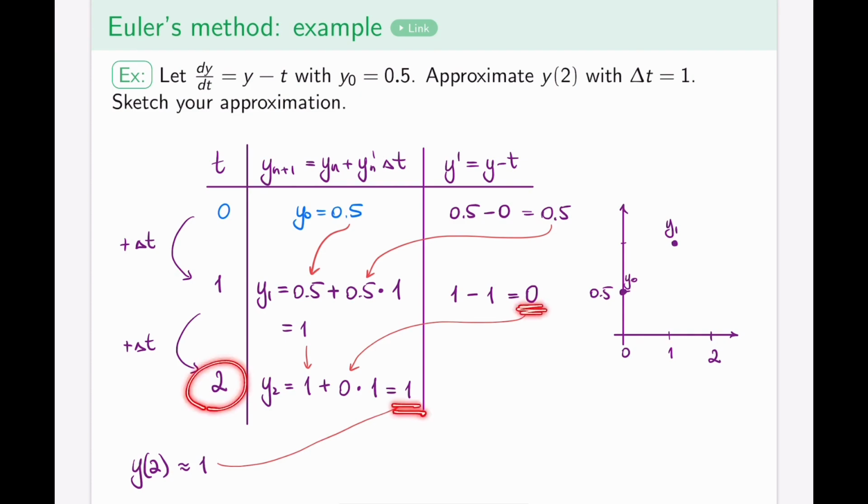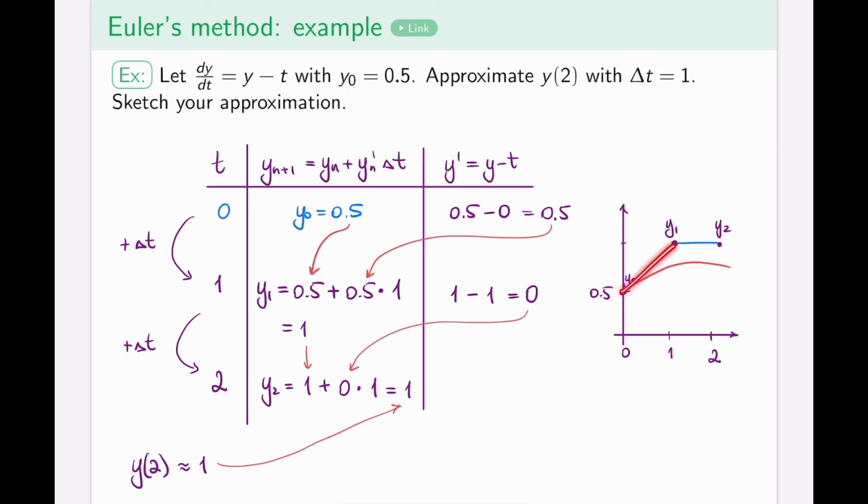And that is because, of course, the slope was 0, which means the tangent line was horizontal. So for y2, I stayed there. And this entire thing was connected by tangent lines to the original solution curve. So this also suggests that if I start here, my solution curve probably looks like this.